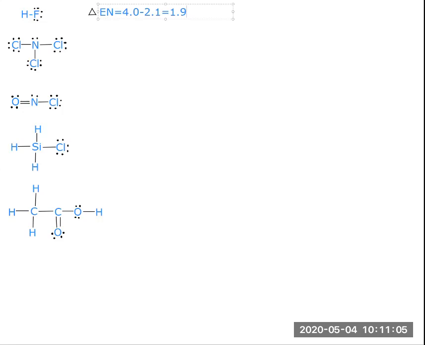They are pulled toward the more electronegative element, and the more electronegative element is the one that has the higher electronegativity value. So that means this HF bond is classified as polar covalent.